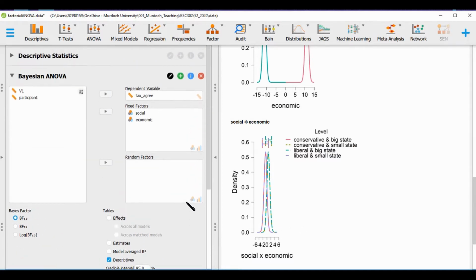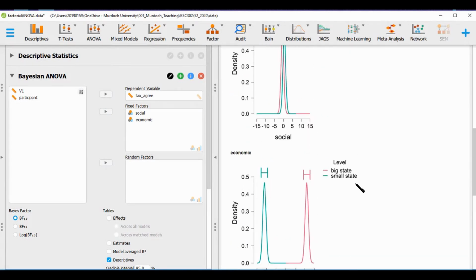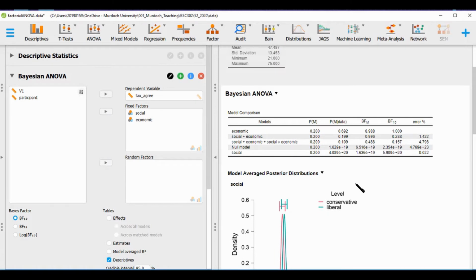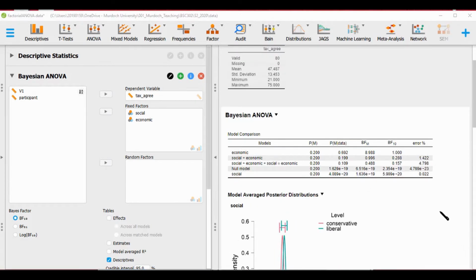Okay, so let's start now looking at the table of base factors. So we start with 5 models. The null model, that says that the prediction will use beta 0 as the total mean, the one I showed you before.